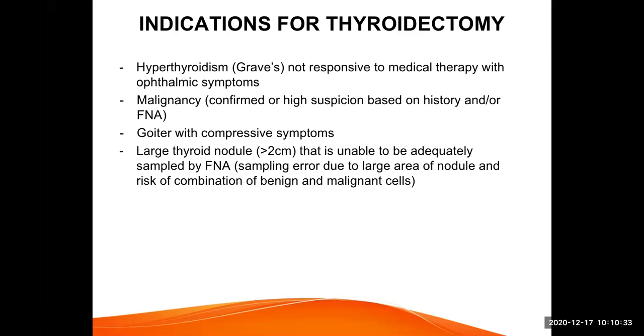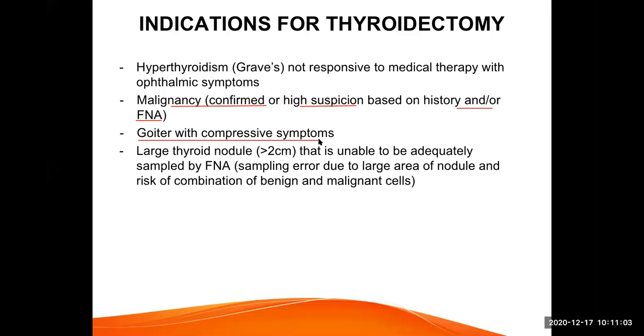If they fail, we don't have any option. Let's go for thyroidectomy. Now, another is malignancy, confirmed or high suspicion. See there? Let me underline these things for you because these are really important. If there is a malignancy which is confirmed or highly suspected based on history or FNA report, you need to go for thyroidectomy, either subtotal or total.